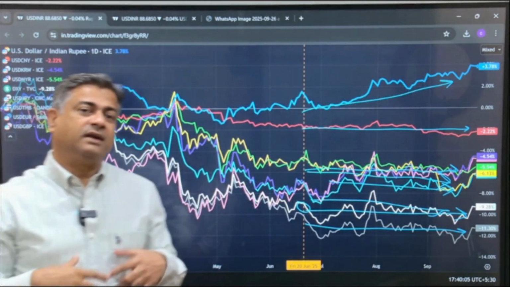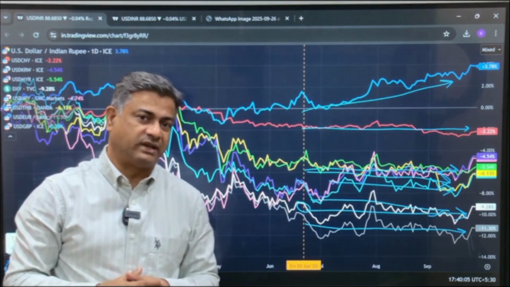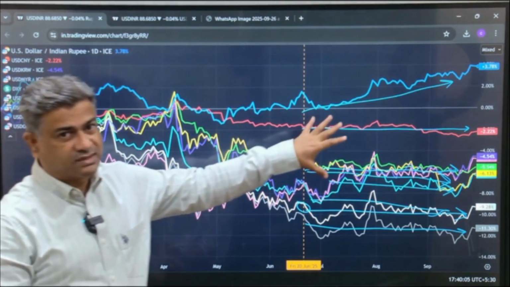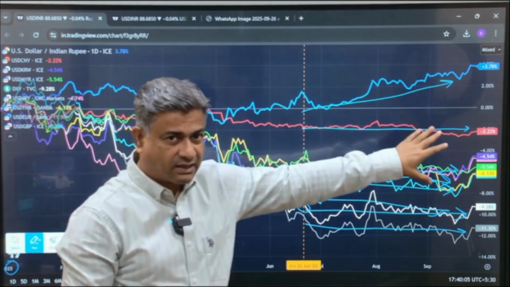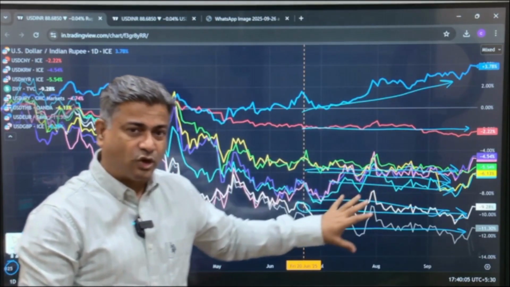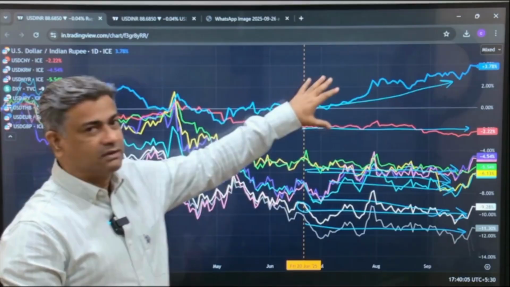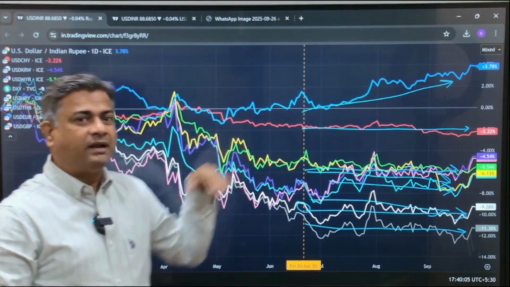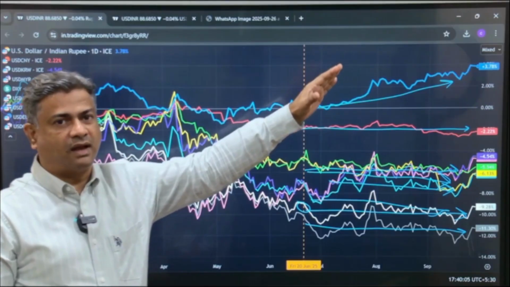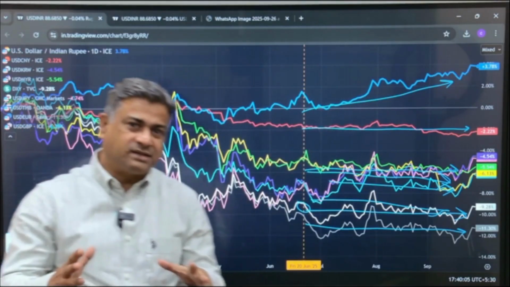Remember, dollar INR shares a very high correlation with the Chinese yuan, but this correlation is getting broken. The yuan is static, Asian currencies are static, the dollar index is static, but still the rupee is under pressure and dollar INR is continuously scaling higher. So that is the dichotomy.